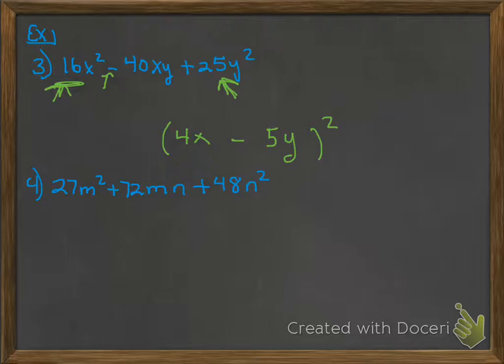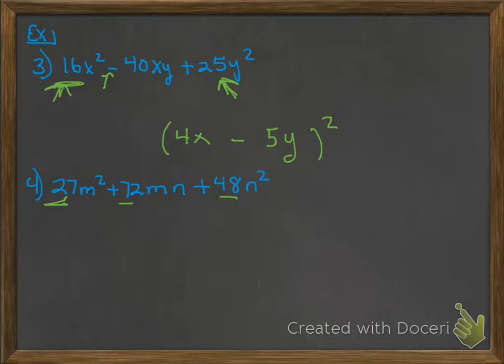So my sign on this one, this doesn't have a perfect square. Notice 27 is not anything that I can easily obtain as a square. So I then look, do they all have something in common? Well, I notice that they all are divisible. 27, 72, and 48 are all divisible by 3.